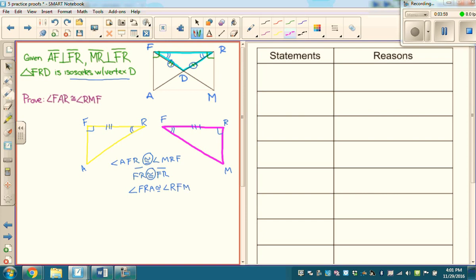Once I have those congruent, I can say that the triangles are congruent. Triangle FRA is congruent to triangle RFM.